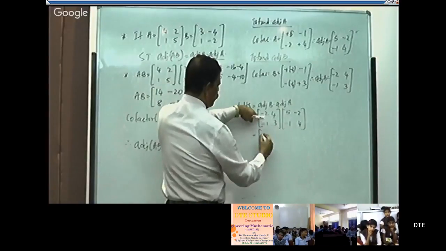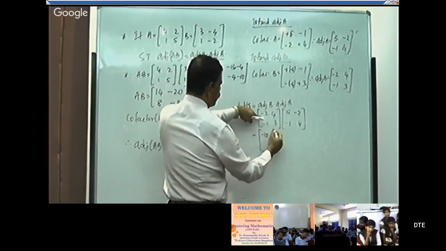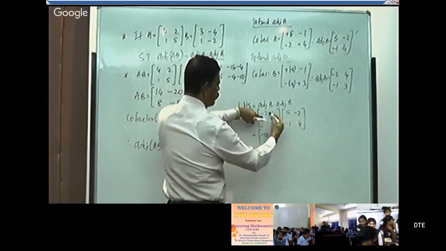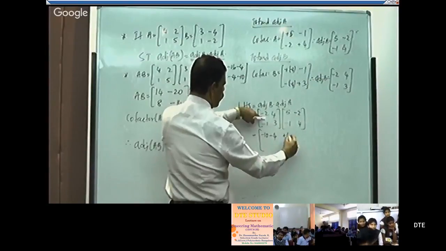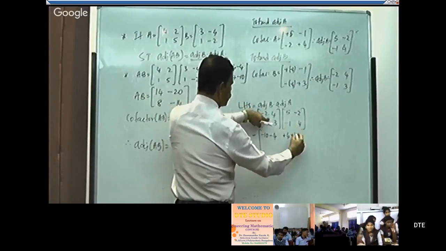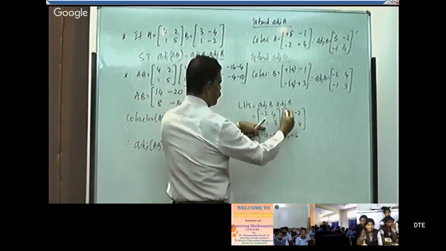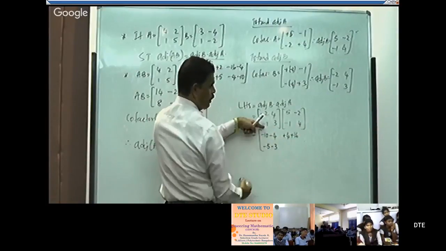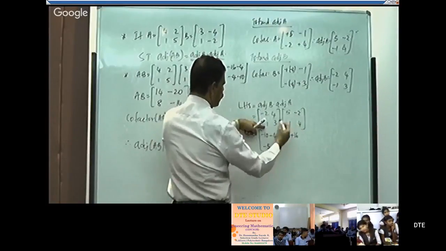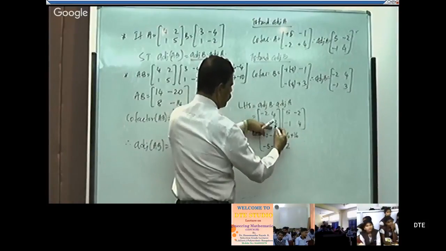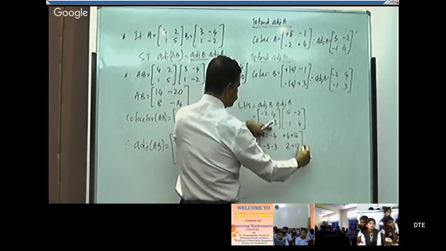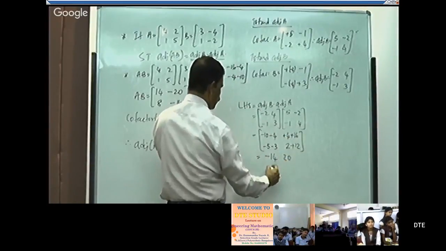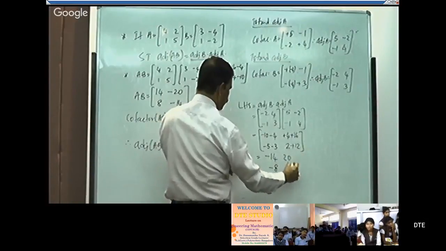Minus 2 into 5 is minus 10, plus 4 into minus 1 is minus 4. First row, second column: minus 2 into minus 2 is plus 4, 4 into 4 is 16. Second row, first column: minus 1 into 5 is minus 5, 3 into minus 2 is minus 6. Second row, second column: minus 1 into minus 2 is 2, plus 4 3s are 12. Which is equal to [-14, 20; -8, 14].